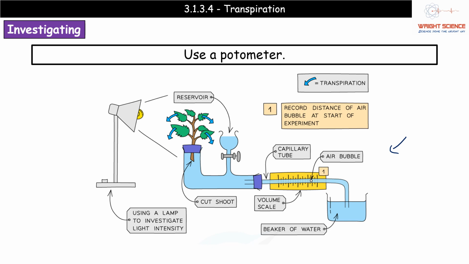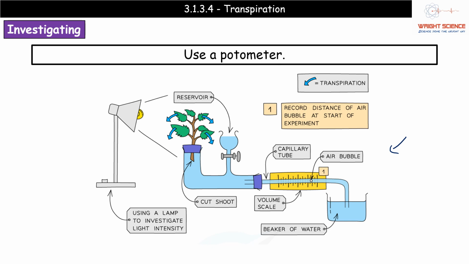And our capillary tube is going to have a little scale that we can then use to read measurements. So what we're actually going to do then is we need to make sure that we cut our little stem underwater. That's going to be important because it avoids us creating basically an airlock. Because if we don't cut it underwater, what we're going to find is air is going to enter the xylem, and that's going to then affect our transpiration.